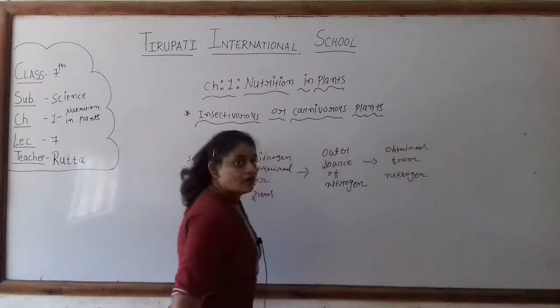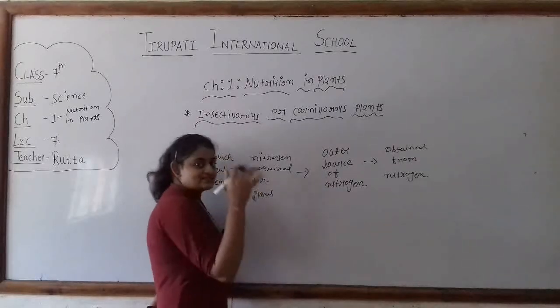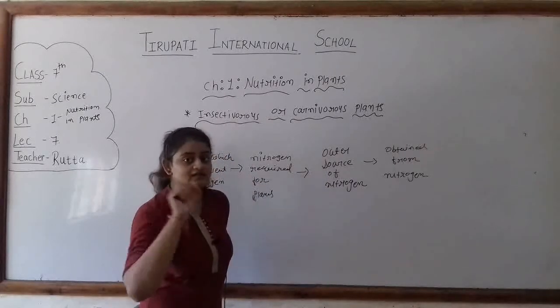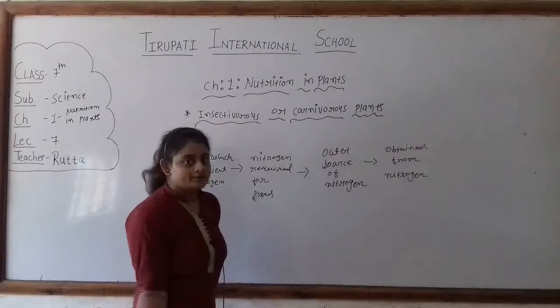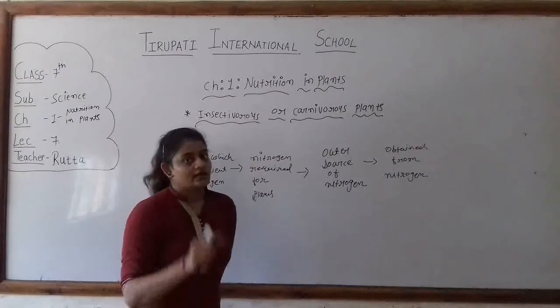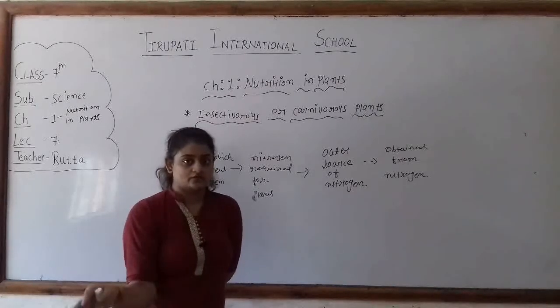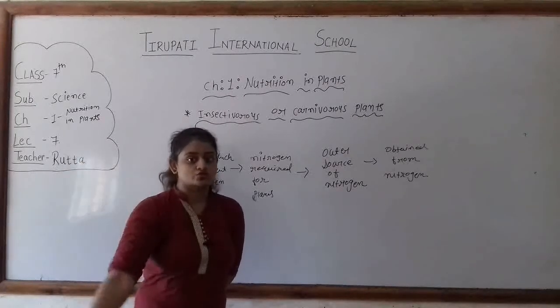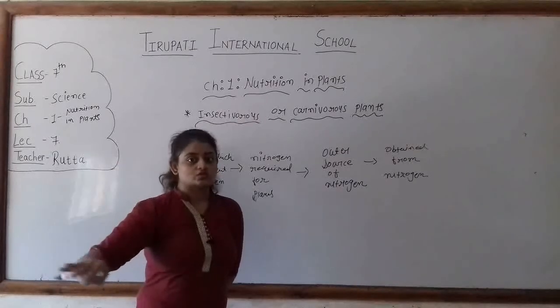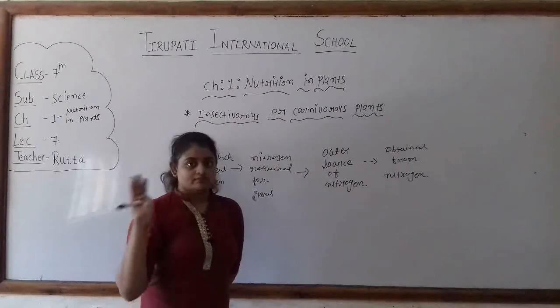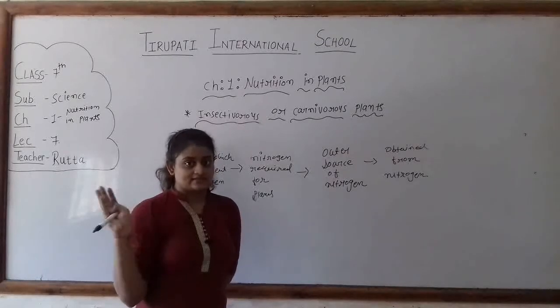That's why they eat insects as their food. They also prepare their own food, but in certain areas of the soil there is no nitrogen, and plants grown in such areas require it. So they depend upon the outer source, and that's why they eat insects as their food.